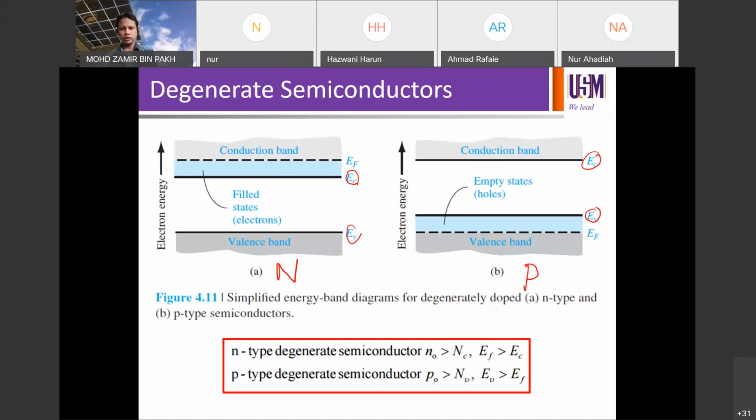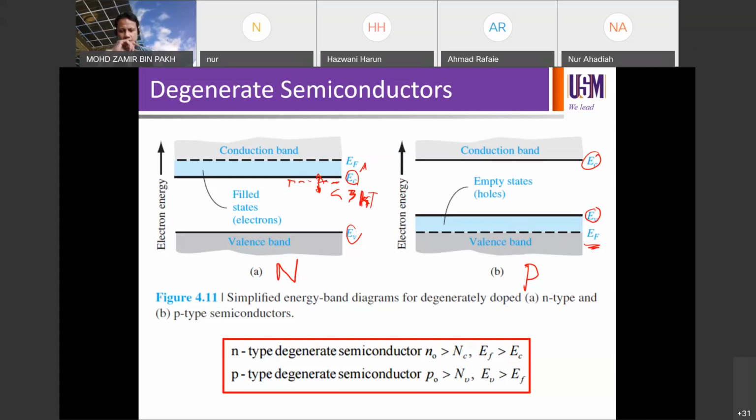Yeah, above, right? So it has gone beyond the band edge. Before this, we discussed where it could sit down here, less than 3 kT away, for example, but now it has gone beyond the limit. It's gone up, and gone down for p-type.